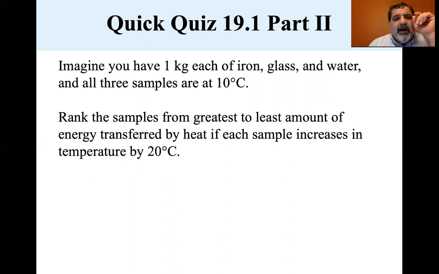Now, imagine you have 1 kilogram each of iron, glass, and water, and all three samples are at 10 degrees. Rank the samples from greatest to least amount of energy transferred by heat if each sample increases by 20 degrees.